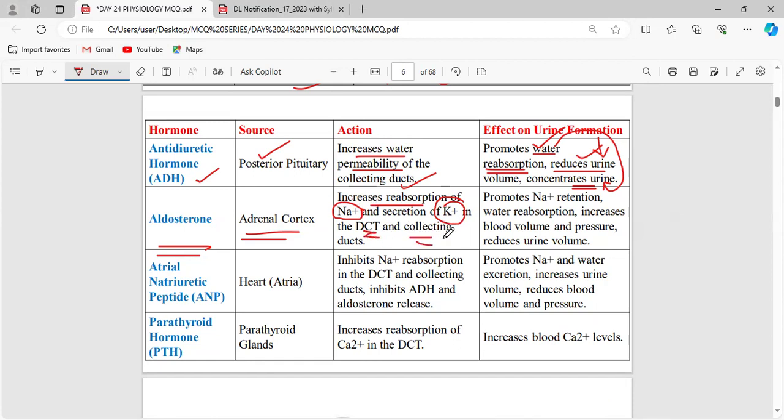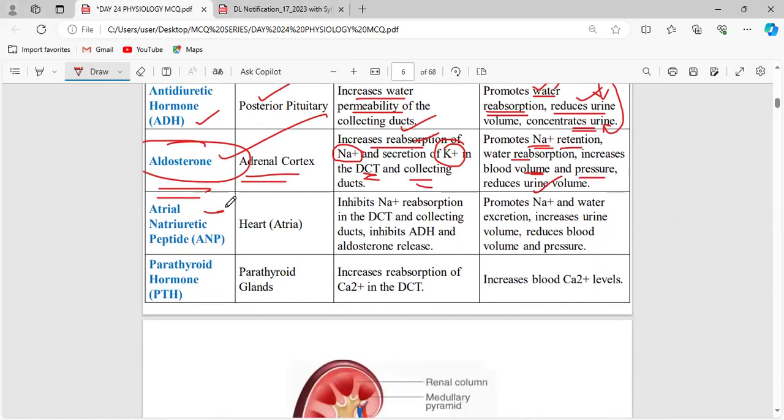So reabsorption of sodium and secretion of potassium in the collecting duct and the distal convoluted tubule is exclusively regulated by aldosterone. Now, what will be the effect? It promotes sodium retention, because sodium is necessary for our body. Okay, now water reabsorption increases the blood volume and pressure and reduces the urine volume. This is the function done by aldosterone.